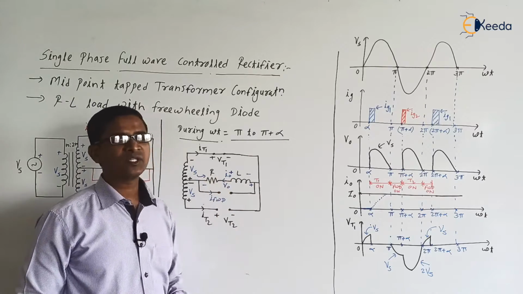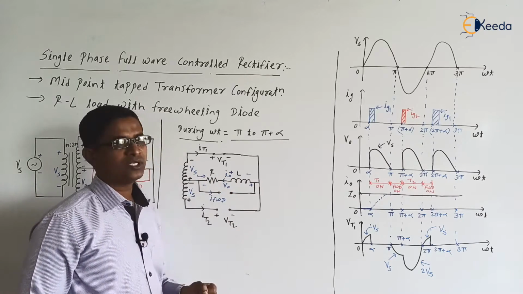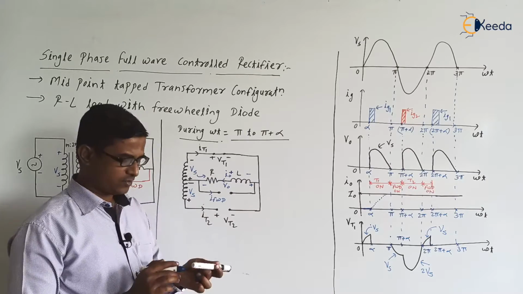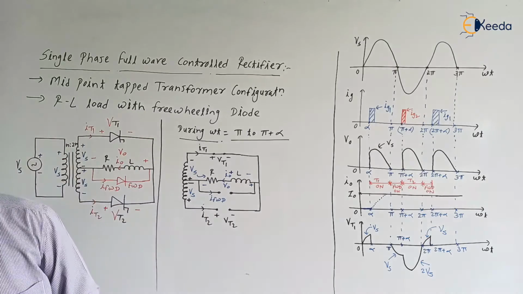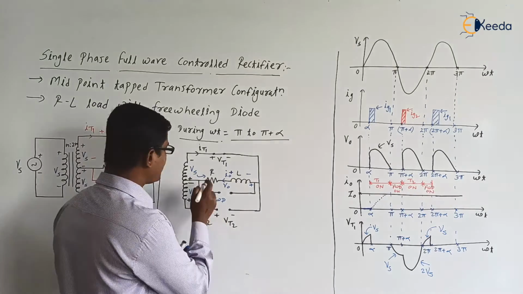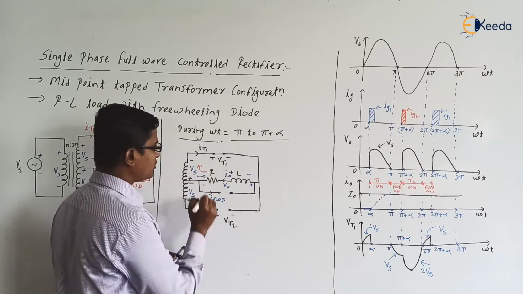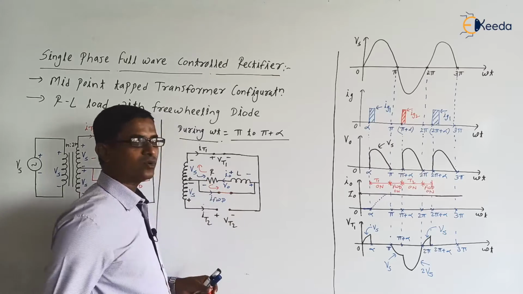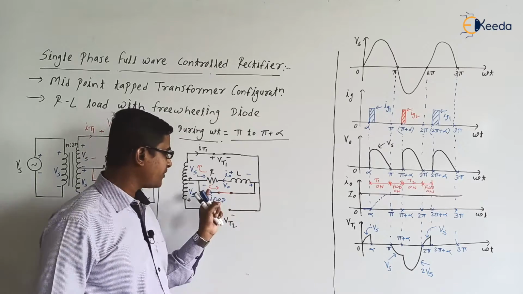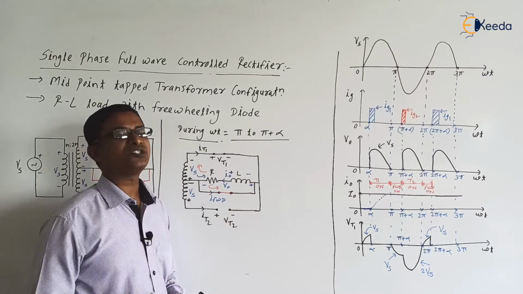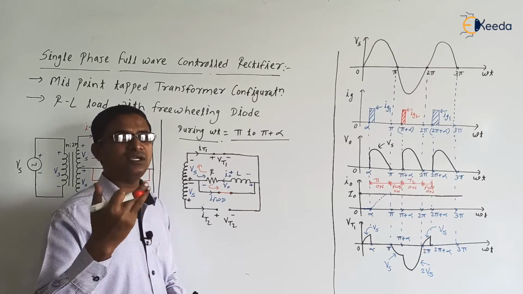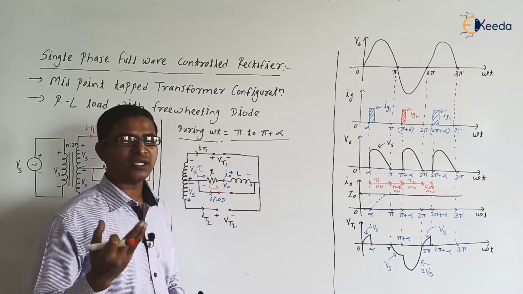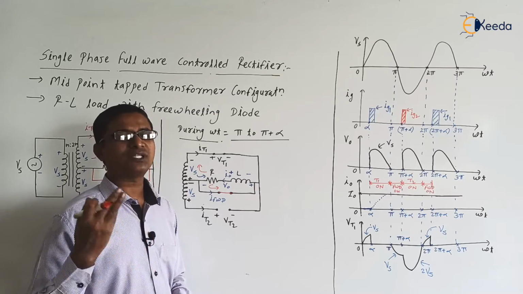The inductor has two paths available to release the energy. One is in opposition to the supply voltage, or the inductor can release the energy through the freewheeling diode. But in the freewheeling diode path there is no opposition for the inductor current, and as we know, the current always follows the path with lesser opposition.